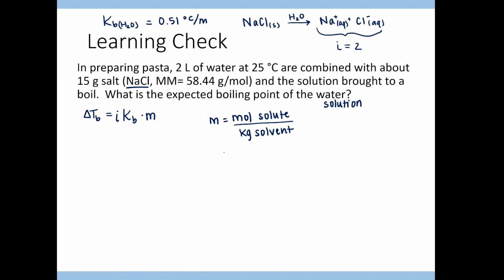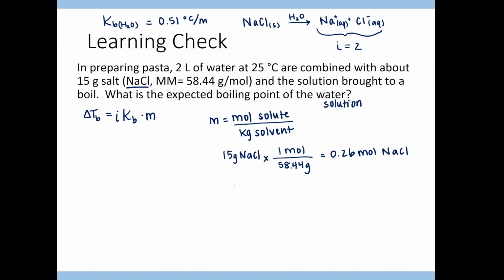Well, we have 15 grams of salt. We have molar mass, so we can convert to moles pretty easily here. 1 mole is 58.44 grams. So this is 0.26 moles of sodium chloride added.